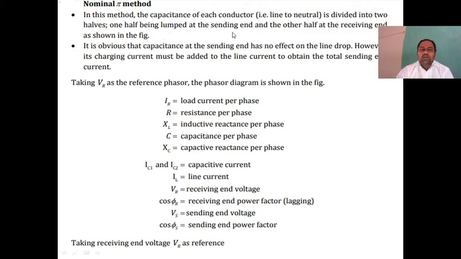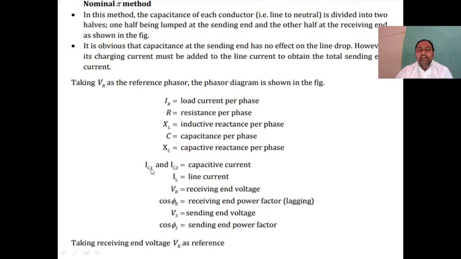What are the parameters in the nominal pi method? IR, load current per phase; R, resistance per phase; XL, inductive reactance per phase; C, capacitance per phase; XC, capacitive reactance per phase; IC1 and IC2, the two charging currents.